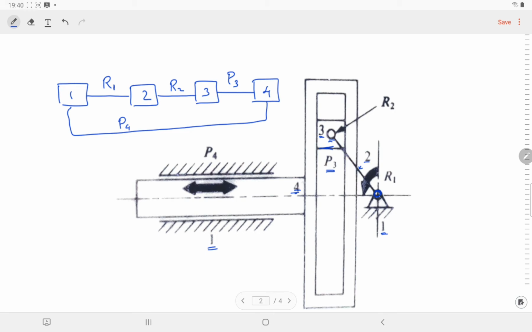Okay, so in this mechanism we have fixed link 1. By the way, this mechanism is known as the Scotch yoke mechanism.